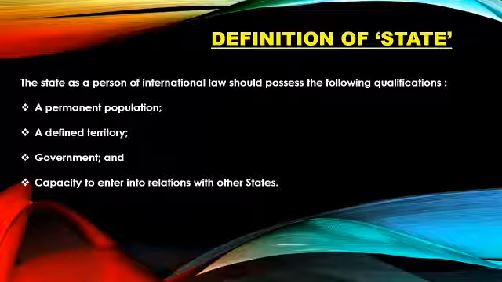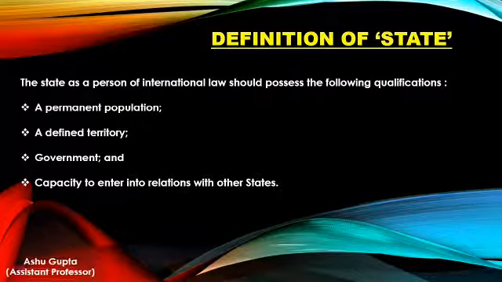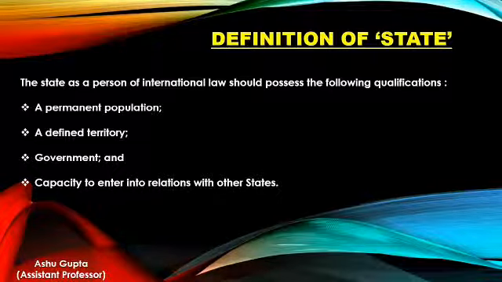Past practice shows that the existence of fully defined boundaries is not required, and that what matters is the existence of an effective political authority having control over a particular portion of land.